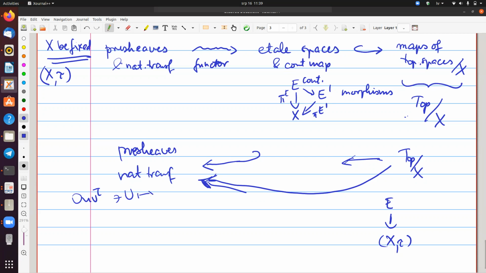You define all sections over U, so all sections from U to E, local sections. In this theory we'll just say section, although it's a local section.